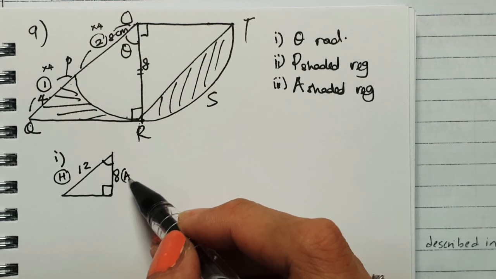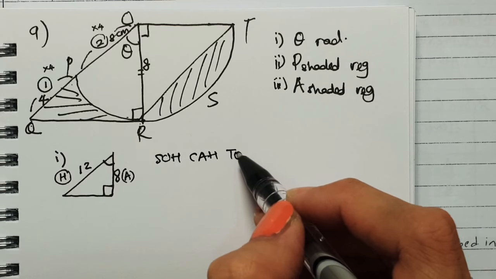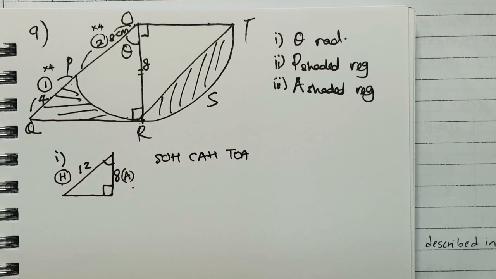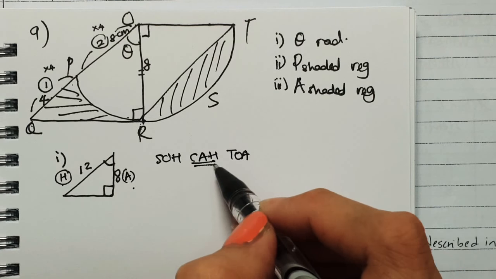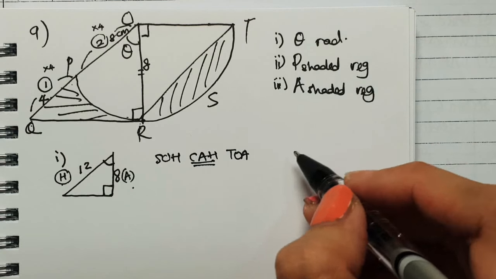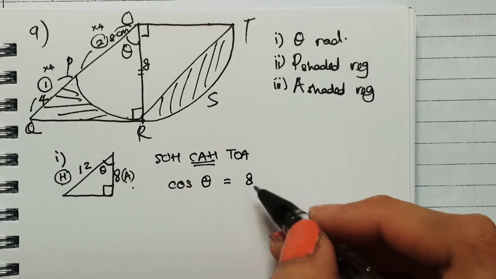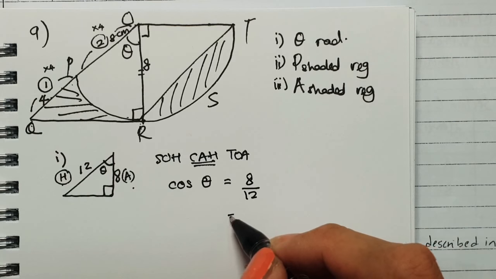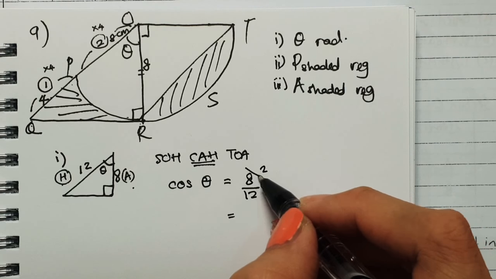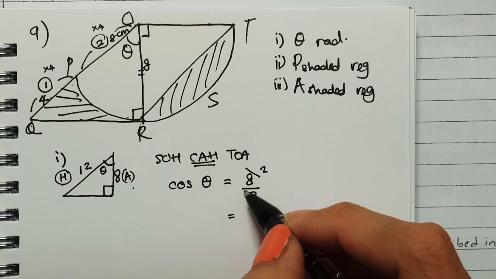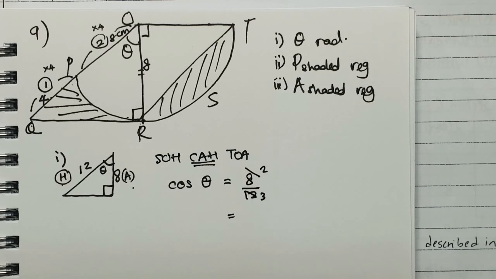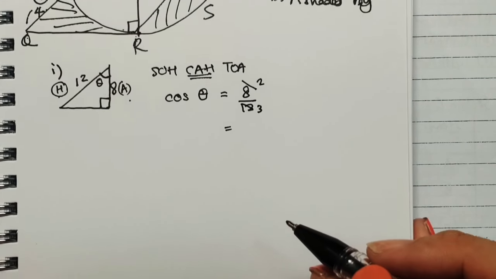According to SOHCAHTOA, we should use the one that has adjacent and hypotenuse, which is cos. That means cos theta equals adjacent over hypotenuse. That is 4 over 6, 2/3, yeah? So cos theta equals 2/3.